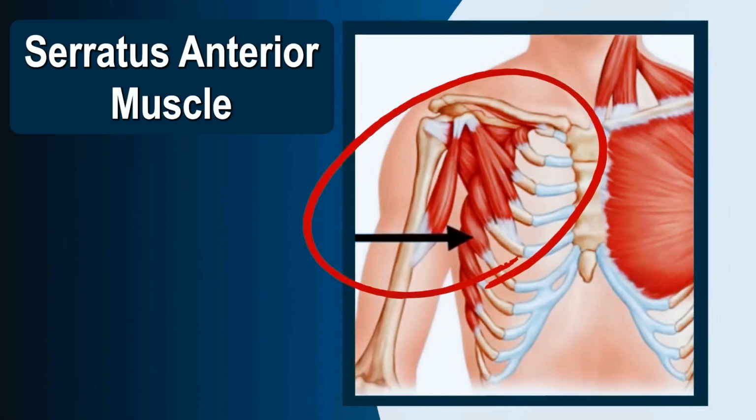For this exercise, you will be doing a strengthening of the serratus anterior muscle. This muscle is an important scapular stabilizer. By strengthening it, you also improve the stabilization of your shoulder, reducing your shoulder pain. This exercise can then be done in 3 sets of 12 repetitions.